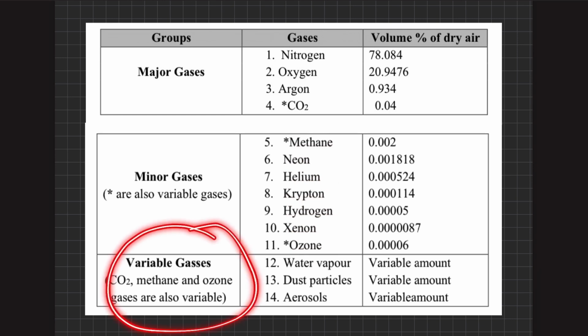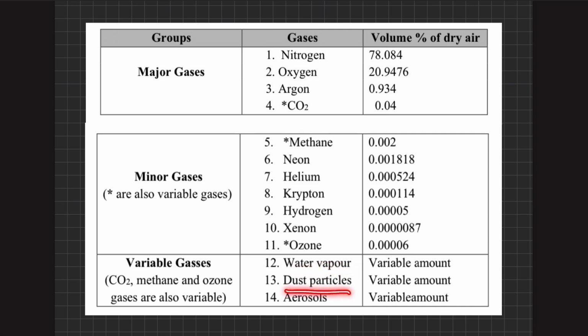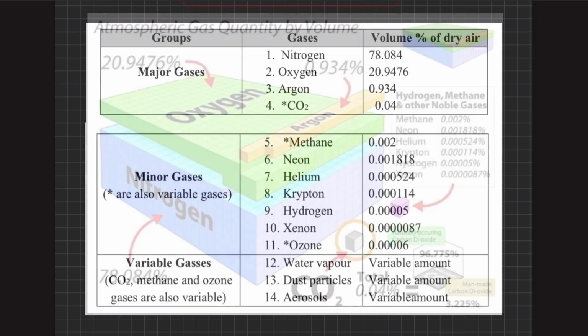The third group is the variable gases, which include water vapor, dust particles and aerosols. Apart from that, some gases like carbon dioxide, methane and ozone are also variable in amount. In this way, we divide the atmospheric gases into three groups.